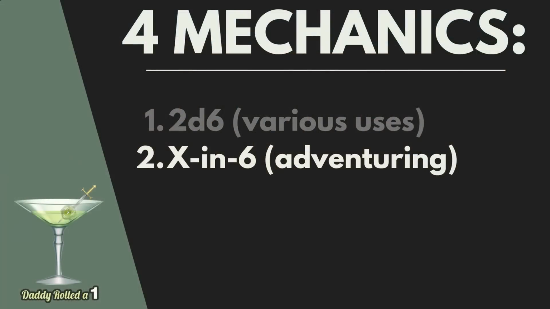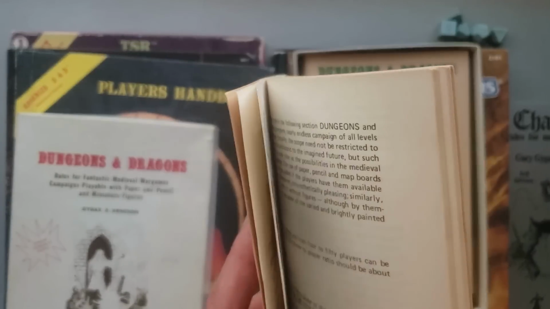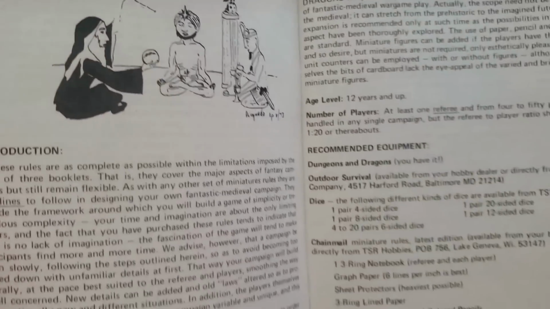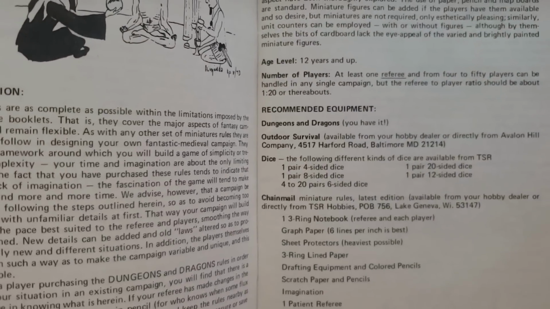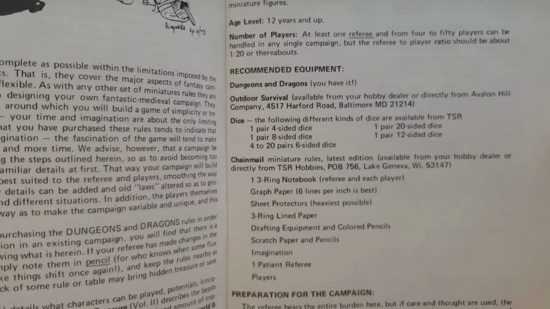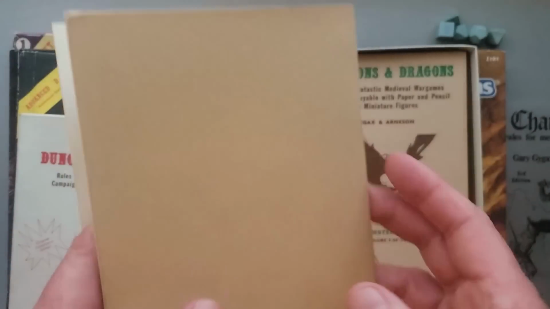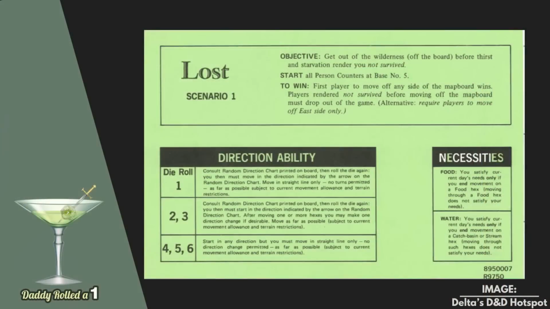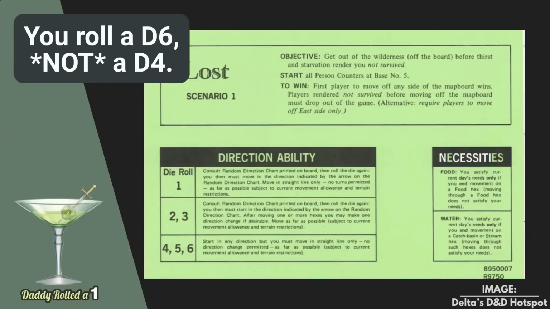In outdoor survival, the reason Gary says you want to have it in here is partly for the map. There's the hex map for outdoor travel, but there are also systems in that game for determining things like foraging for food and water, and whether you become lost. You roll a d4 when you enter a hex, and if you roll 1 through 4, then nothing happens.